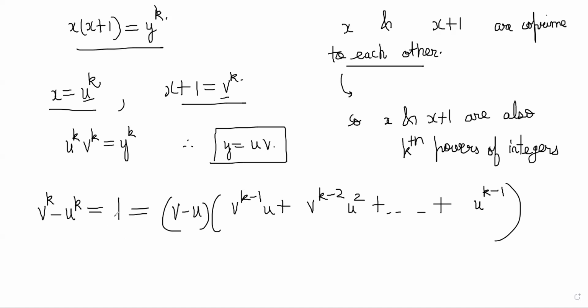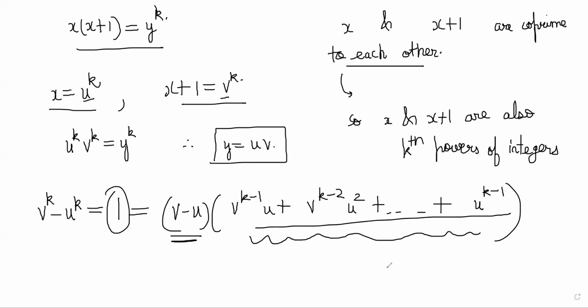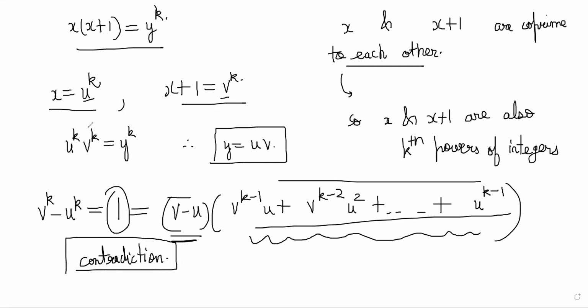So now what we are getting is 1 is equal to the product of two different integers, right? 1 can never be written as a product of two different integers. These are different integers. So we have gotten a contradiction. We have achieved a contradiction here, because according to our claim, both x and x plus 1 are powers of integers.